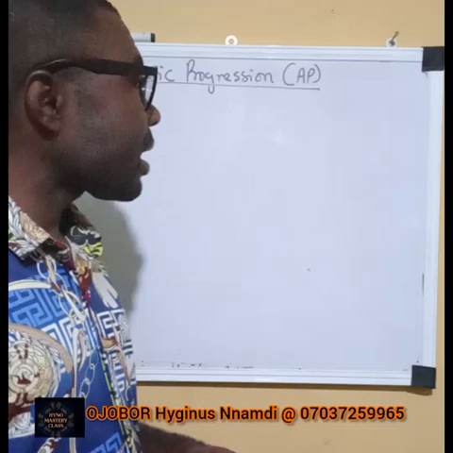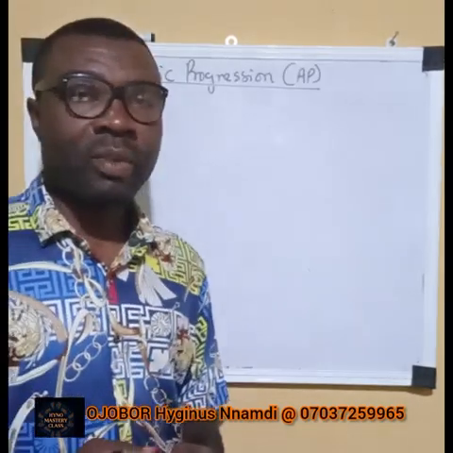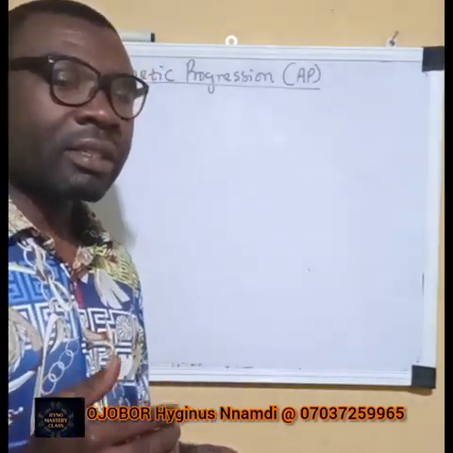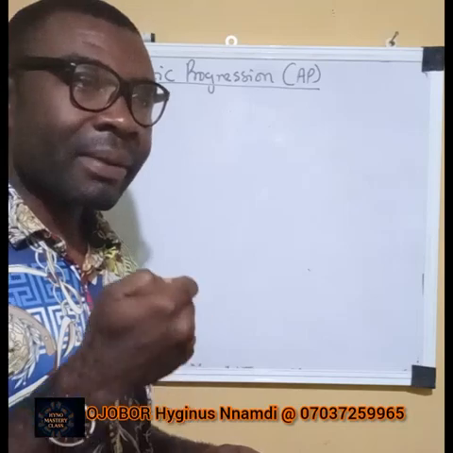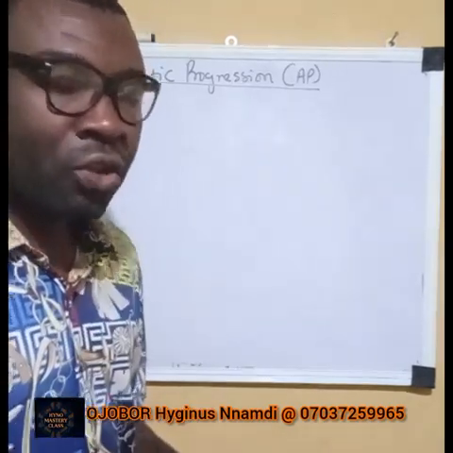From our definition, an arithmetic sequence is gotten by addition of a constant number to a particular number to get the succeeding number.